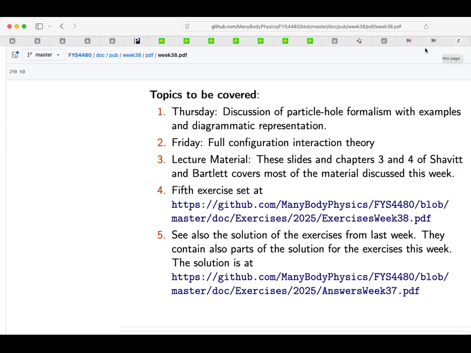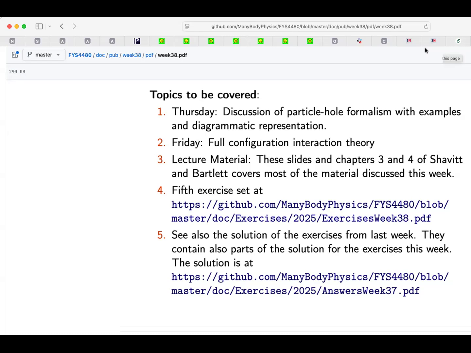It's a little bit more elaborate, and it corresponds roughly to me replacing the lecture from last week with specific examples where we play around with different creation and annihilation commutation rules. And it's also a way to introduce our first encounter with full configuration interaction theory.